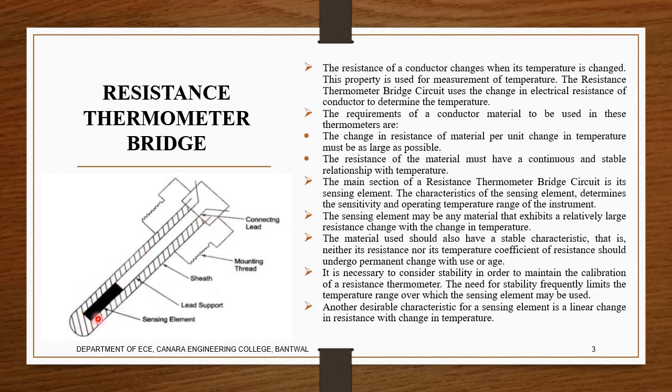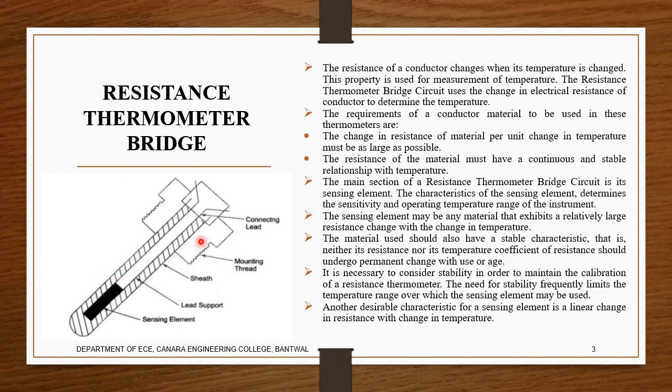Whatever is supported by this lead, you can see it here. This is a protecting cover that will be in contact with the object or material whose heat we have to sense. Now this is another sheath, which is the outer cover. Usually they are made of conducting materials.